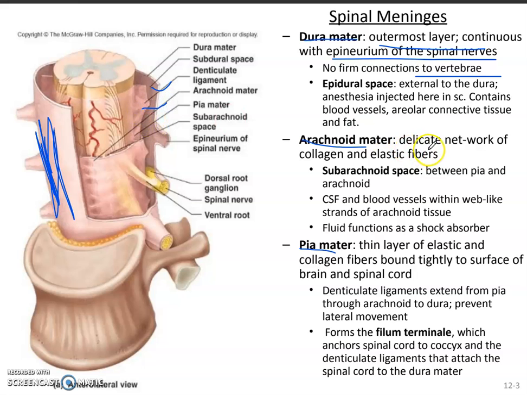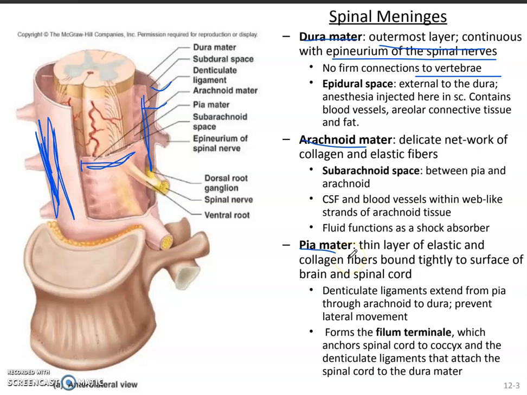Okay, and then there is the arachnoid mater. Here it is present after the dura mater, and the subarachnoid space is the space between the arachnoid and pia mater. And then there is the pia mater.